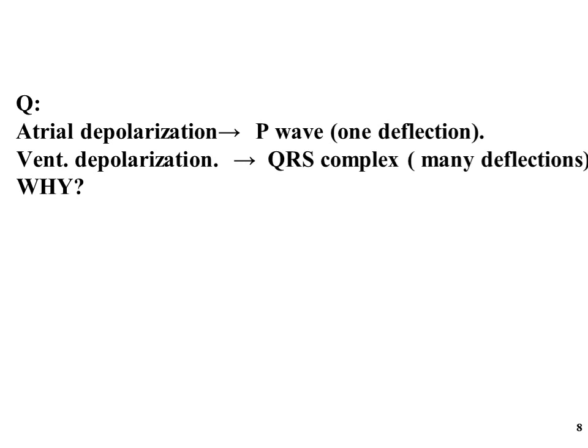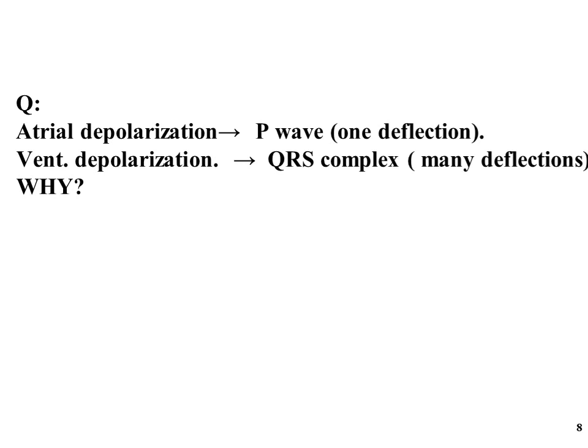Question: atrial depolarization, the P wave, one deflection. Atrial depolarization gives only one wave, the P wave, whereas ventricular depolarization gives the QRS complex with many deflections. Why are there many deflections in ventricular depolarization?